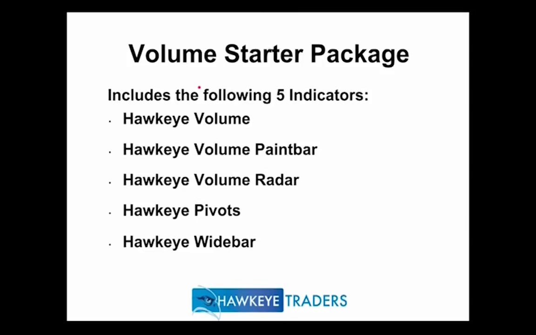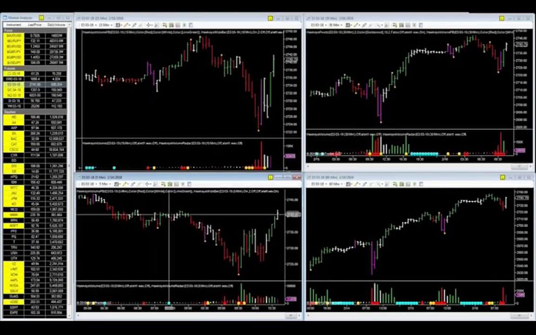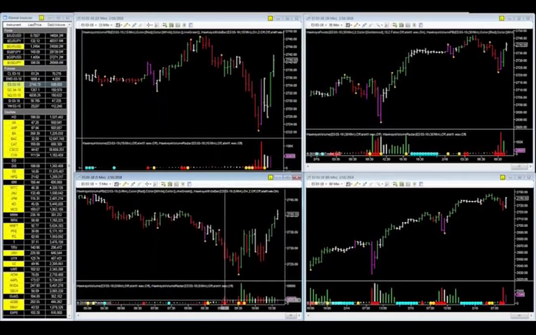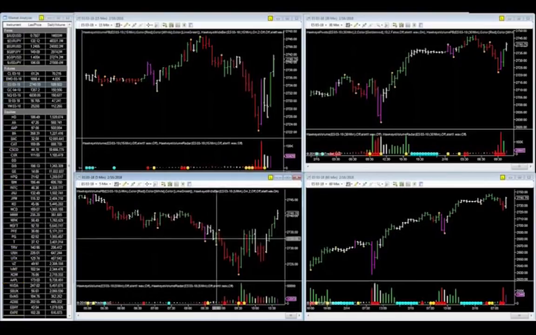So what the volume package includes is the Hawkeye volume indicator. It gives the Hawkeye volume paint bar indicator. Okay, the volume is the price under, and I'll show you that really quick. Yeah, so the Hawkeye volume paint bar shows you the price action colored with the same color as the volume. So here's the volume, and then here is the price bars colored the same color as volume.